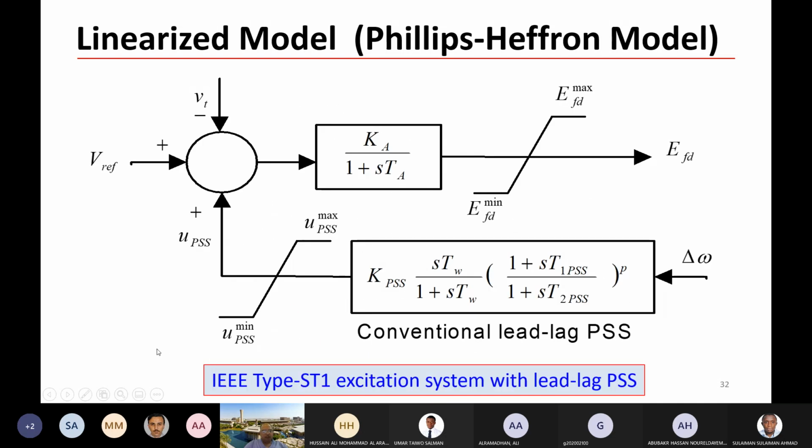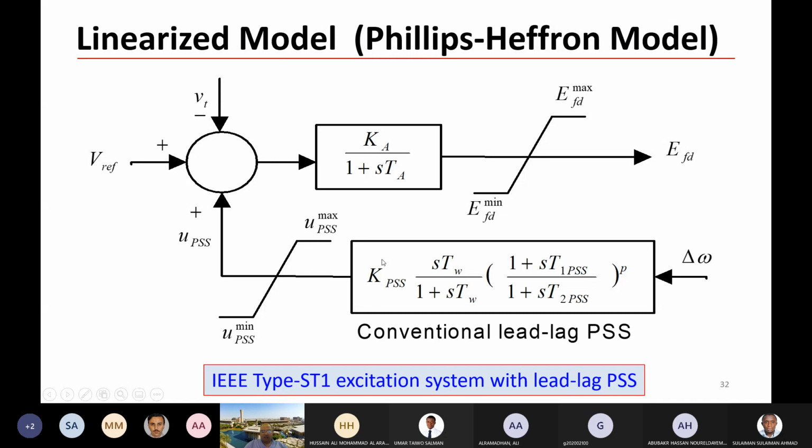So we will consider also the exciter as such. We have only automatic voltage regulator, and if we have a stabilizer, this would be the stabilizer structure, which is widely used in real life, the lead lag stabilizer.